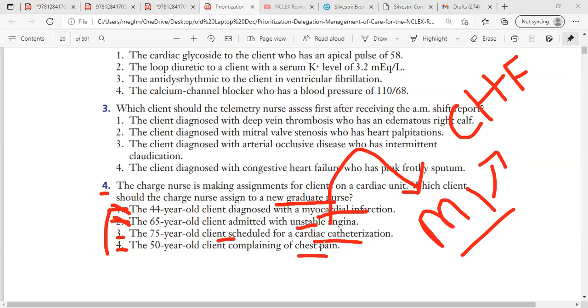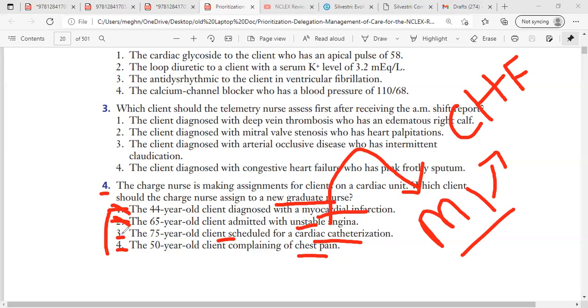So a skilled nurse is supposed to take care of patient number 4. Number 4 is not stable.